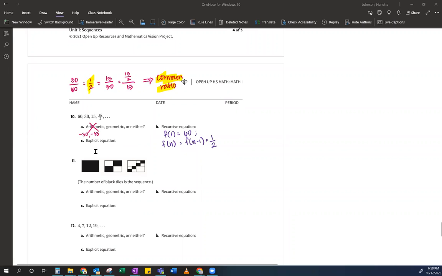And my explicit equation, some of you have been noticing that there is a trend to it. There is a structure to it. So here's the structure that I know. My structure in general for geometric looks like something times something to the something.